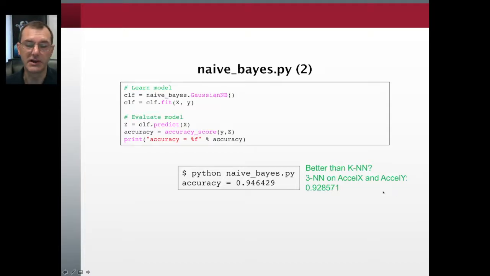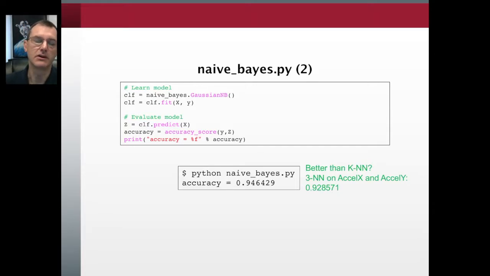We could try other values for K, and it might do better. But for now, naive Bayes is doing pretty well, and later on in the course, we'll do a more rigorous comparison of classifiers using some statistics that'll give us a better idea of which classifier is actually doing better.